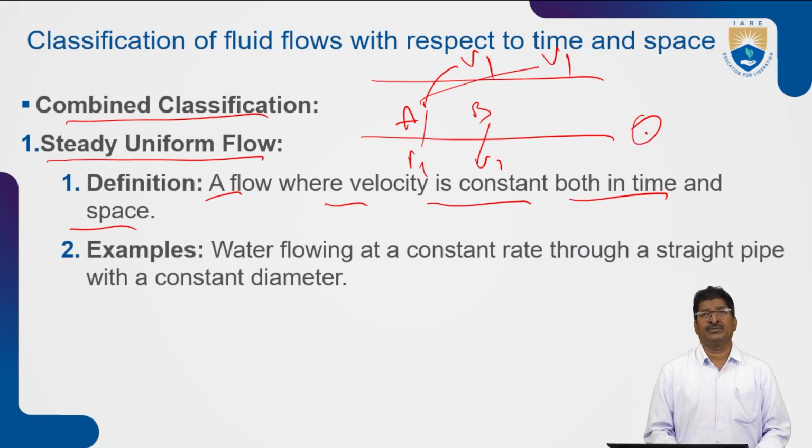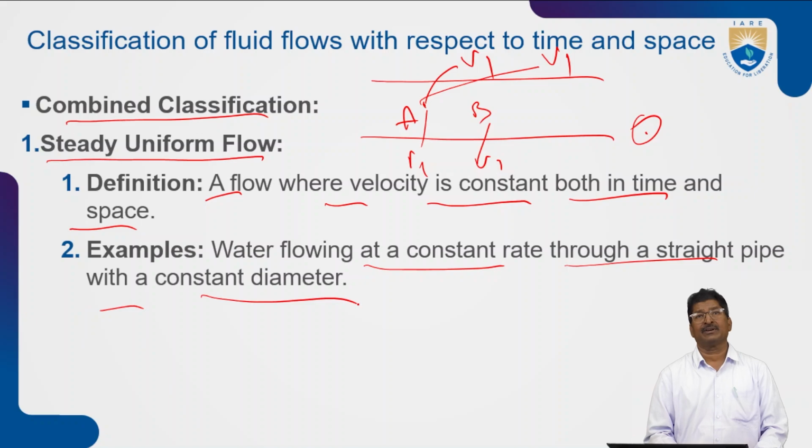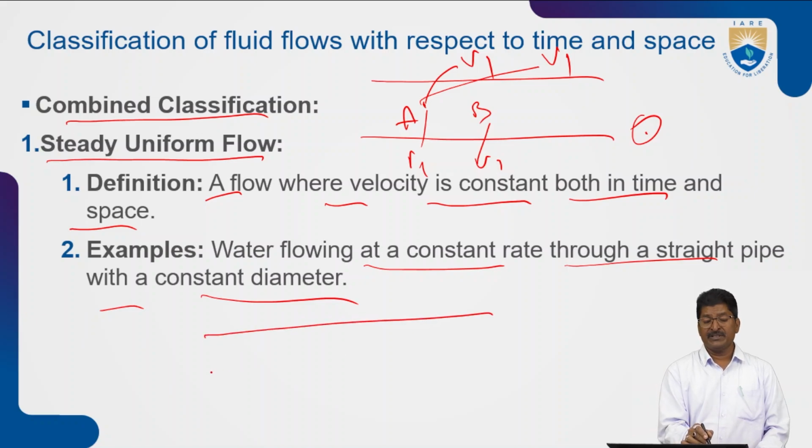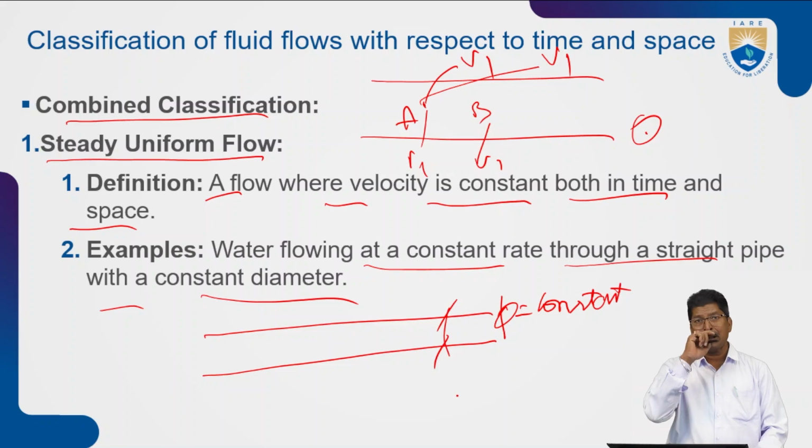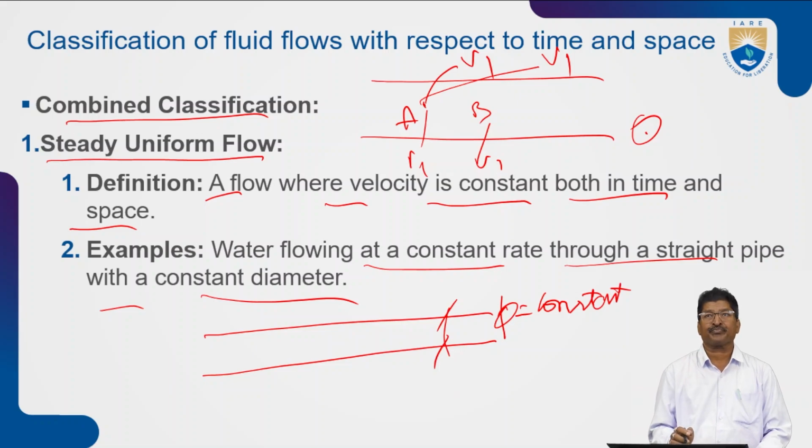steady uniform. So examples: water flowing at a constant rate through a straight pipeline with a constant diameter. So here the pipe is there, and this diameter is constant. That means it is not a varying diameter, and it is a straight pipe, not a curved pipe.